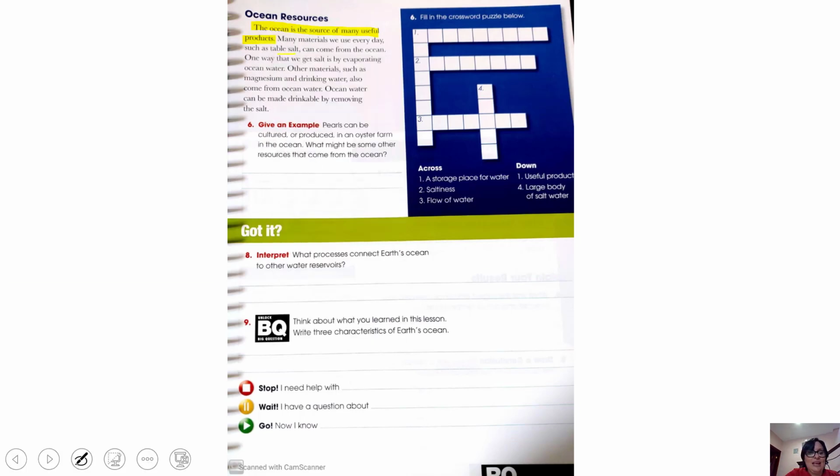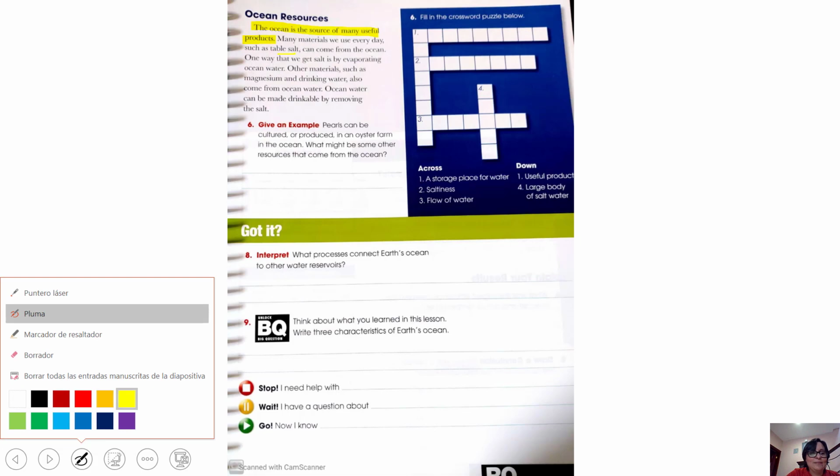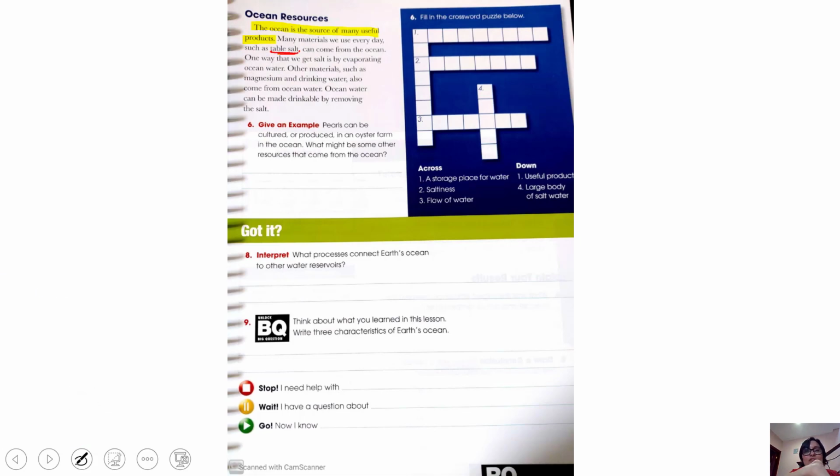So let's circle that, table salt, because as you know, the salt comes from the ocean. And you already know how we get the salt? By evaporation, okay?